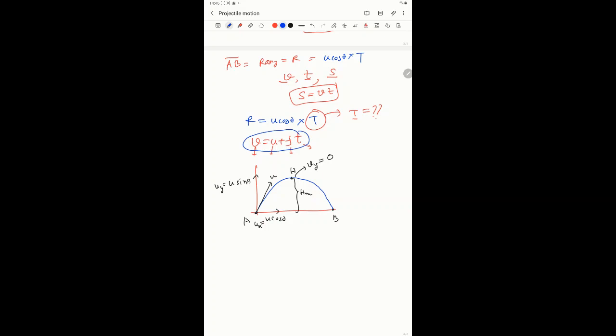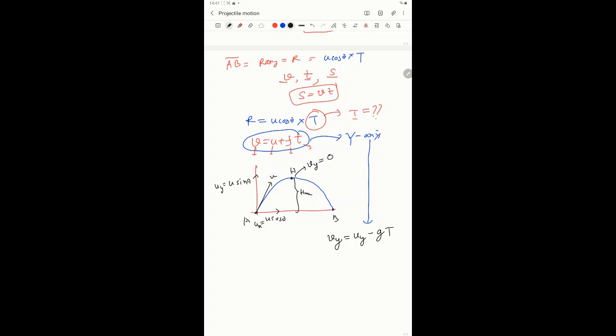So if we apply this equation along the y axis, it becomes vy equals uy. Now gravitational deceleration is happening, so we write minus g into the traversing time.